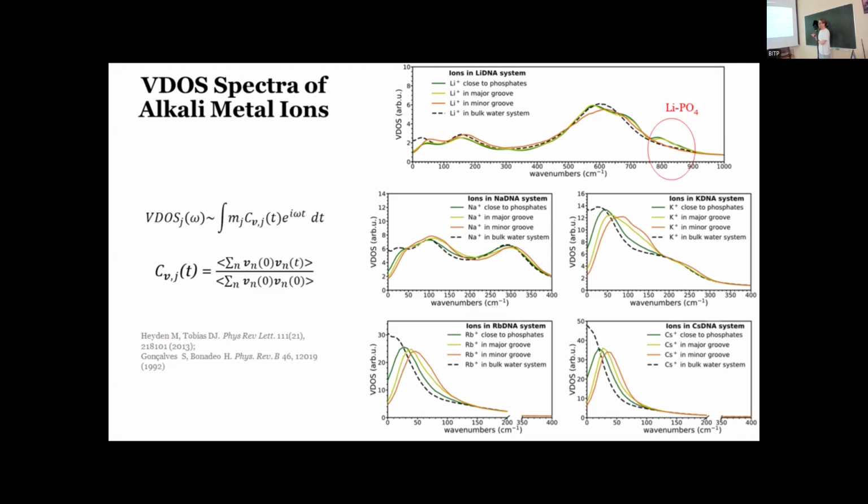Therefore, this band can be assigned to the coupled vibration of lithium together with the phosphate group, which provides further evidence of the strong interaction of lithium ions with the DNA phosphates.